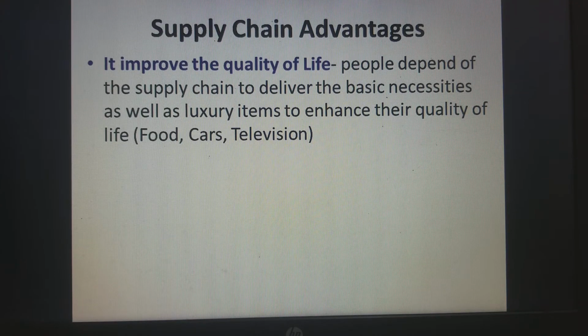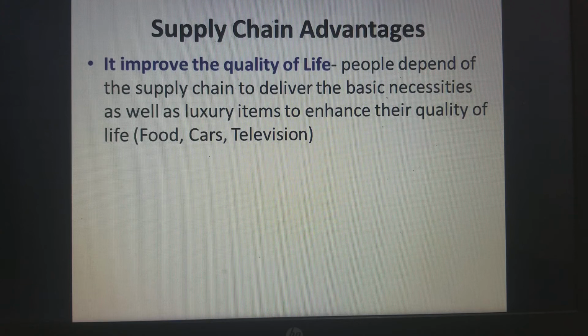People depend on the supply chain to deliver the basic necessities, yes, for them to survive, as well as the luxury items to enhance their quality of life, such as food, cars, telephone, television, all of those.